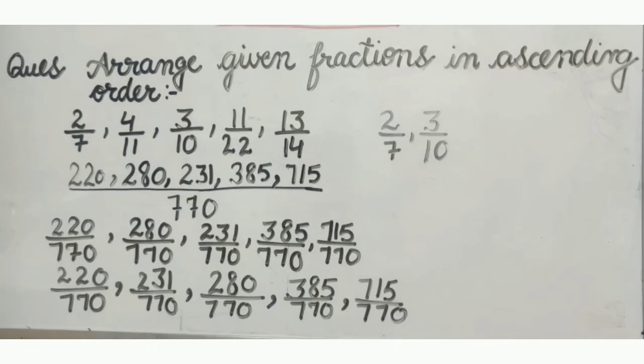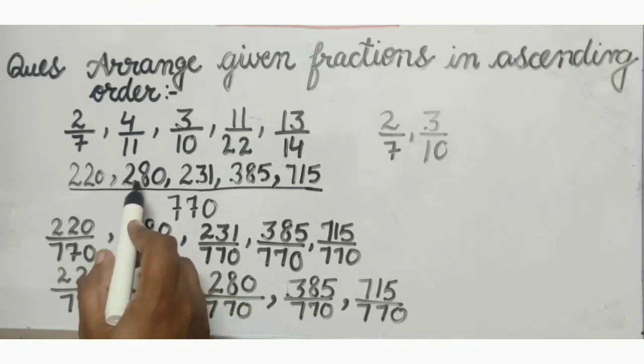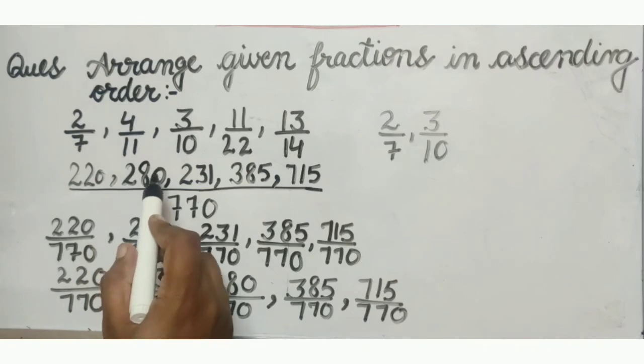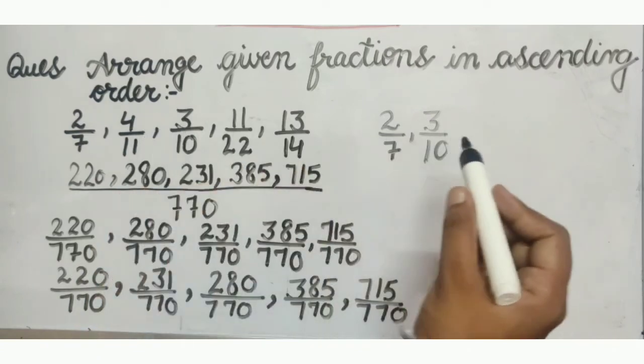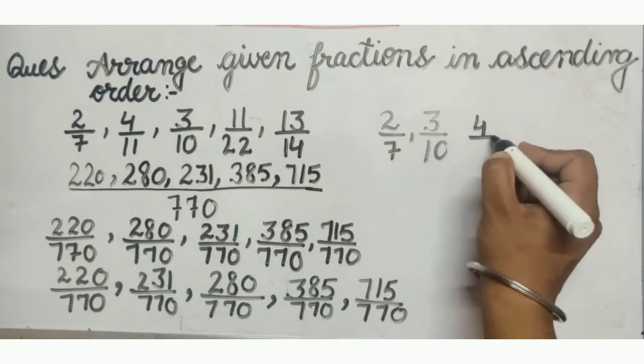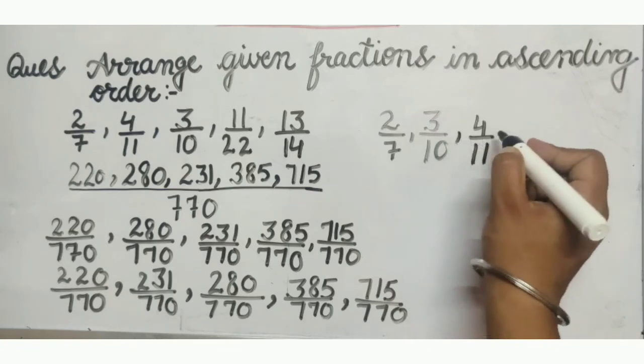Now just have a look at the third fraction, that is 280. Now we have to check which place 280 is at. Third place. So the third fraction we will write is 4 by 11.